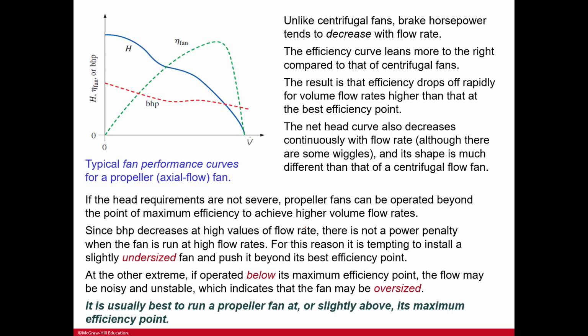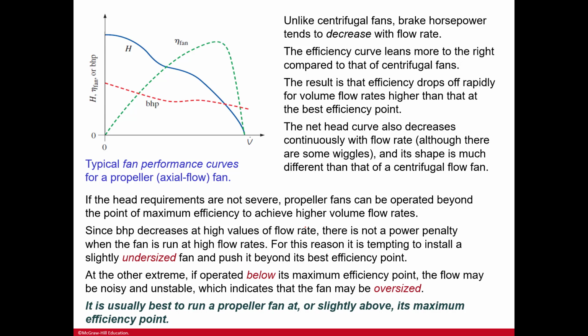So here are typical fan performance curves for a propeller, which is the axial flow fan. Unlike centrifugal fans, brake horsepower tends to decrease with flow rate. The efficiency curve leans more to the right compared to that of a centrifugal fan, and the result is that efficiency drops off rapidly for flow rates higher than that at the best efficiency point, the BEP.